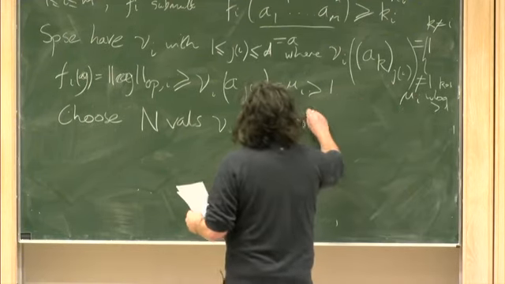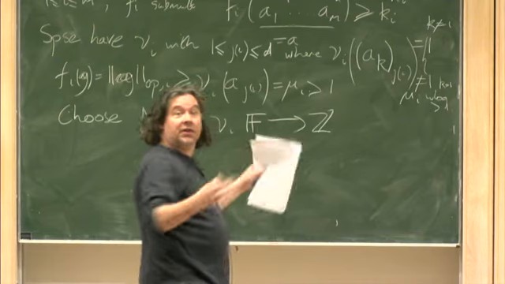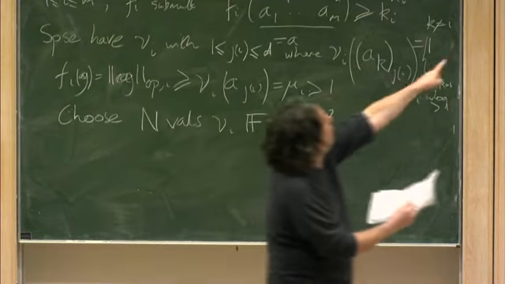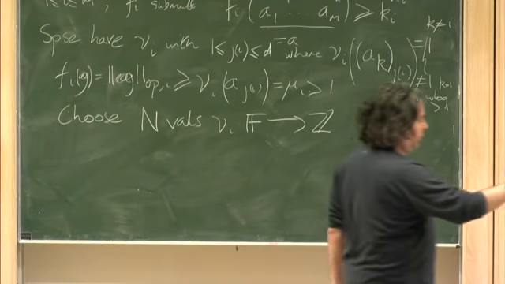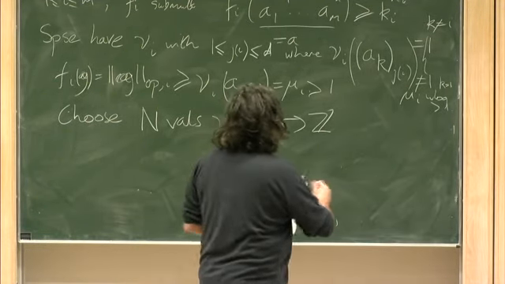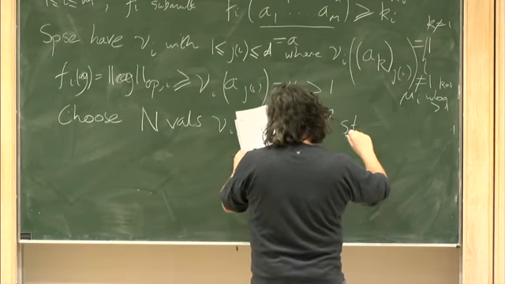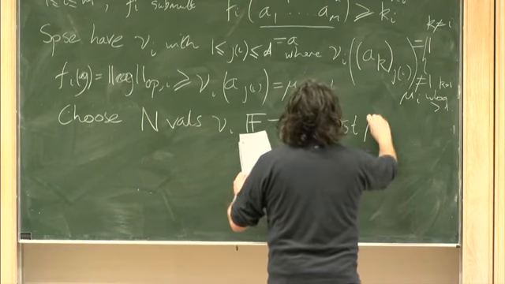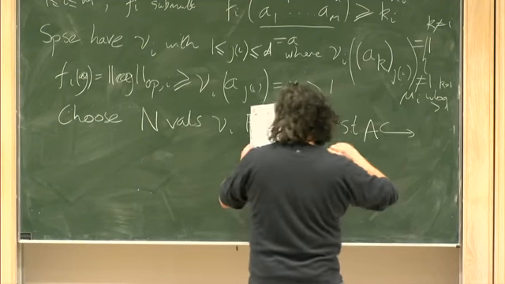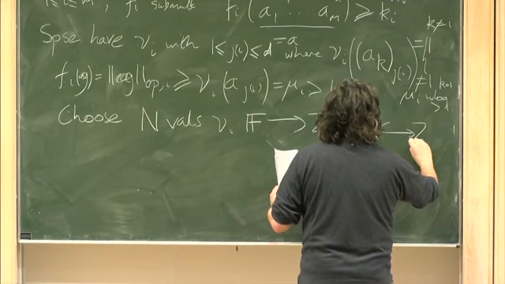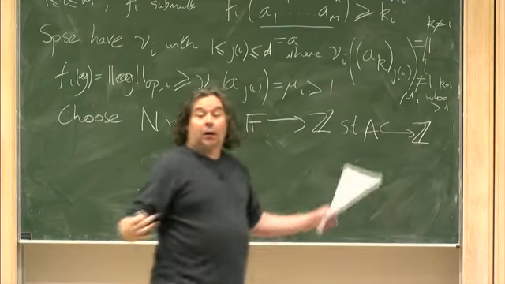So your map is getting you directly into the integers and not some sort of mixed up copy. And you can take enough such that your abelian group will embed in a big free abelian group.